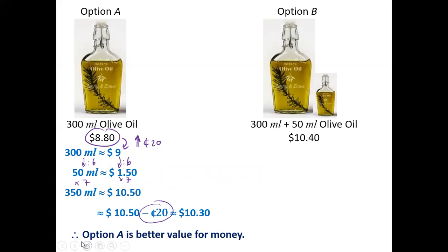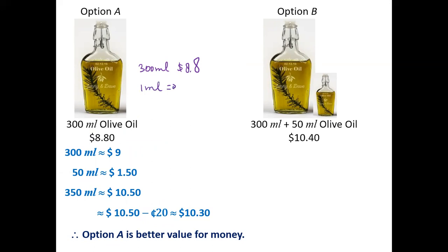Or just use your calculator. Here, 300 milliliter is 8.8, right? And how about 1 milliliter? You divide by 300. So 8.8 divided by 300, the answer will be 0.029 and so on. How about this? 350 milliliter is $10.4. So how about 1 milliliter? 10.4 divided by 350.